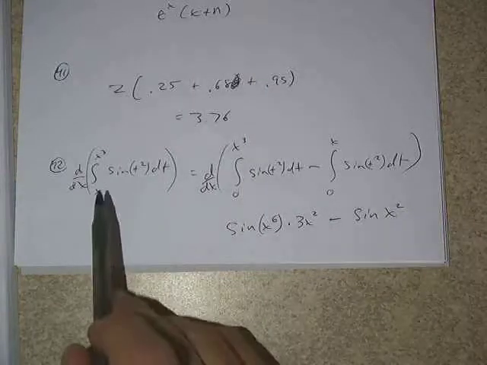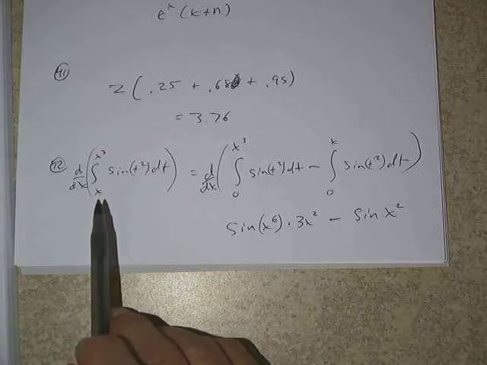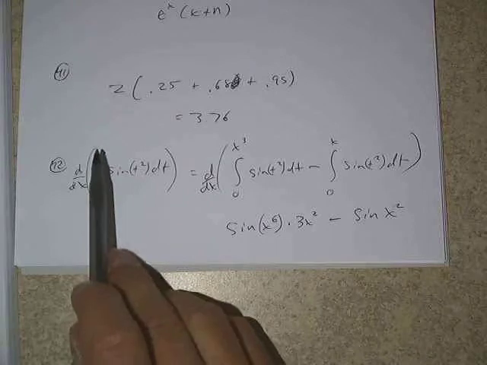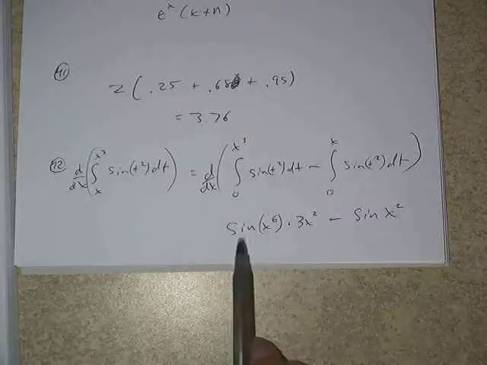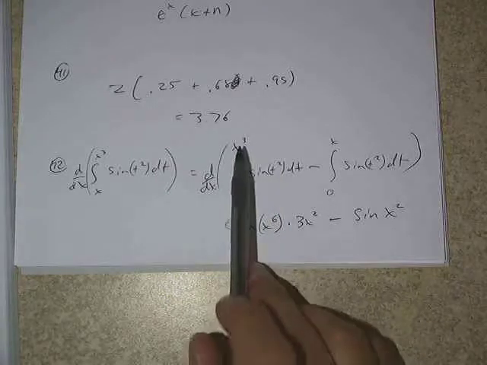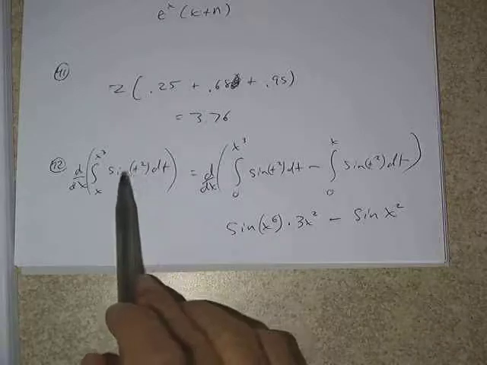And then in this one, it would be the integrand evaluated at the upper limit, so it would simply be sine x squared, because if we put our x into t squared, we get x squared. The derivative of the upper limit is 1. And so that right there would be our answer. So let's see if that matches up with any of our choices. Looks like it matches up exactly with letter C.